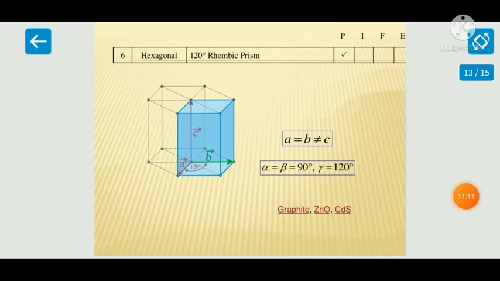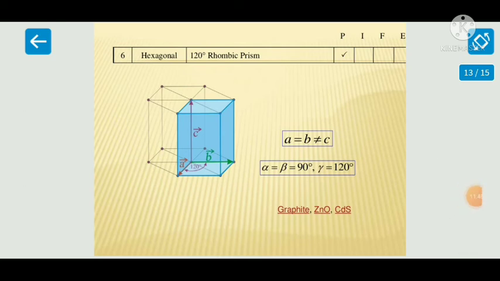See that this is hexagonal, a 120-degree rhombic prism. Rhombic prisms are used to displace a beam laterally without changing its direction. They may be coated to transmit part of the beam and produce two parallel, displaced emerging beams. Examples are zinc oxide and cadmium sulfate.